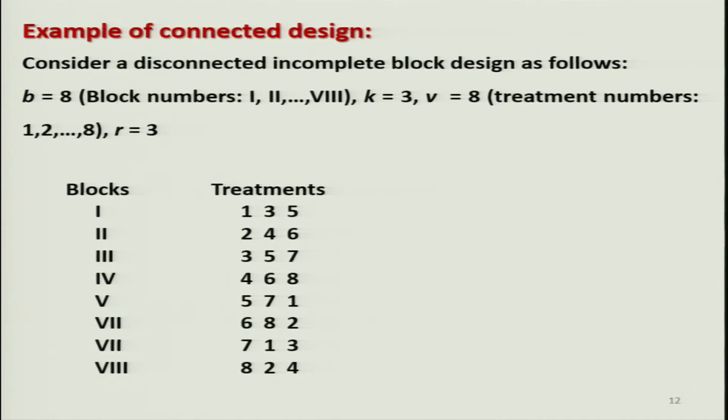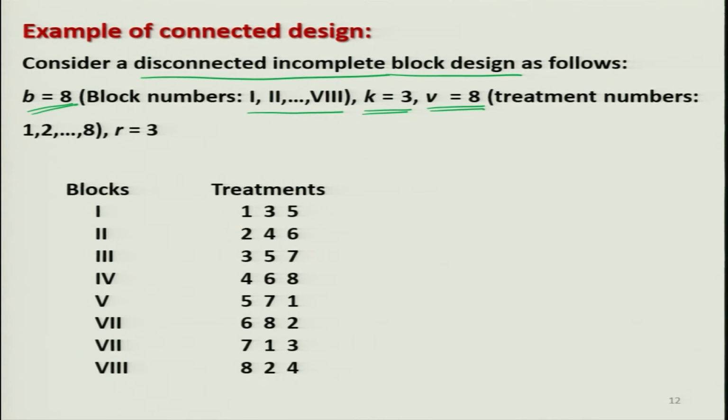Now, just for the sake of an illustration of this connected design, we consider an example. We are considering a disconnected incomplete block design such that we have 8 blocks, so b equals 8, and the block numbers are first, second, up to 8th, and the number of plots in every block is 3, that is k equals 3, and v, the total number of treatments, is 8.